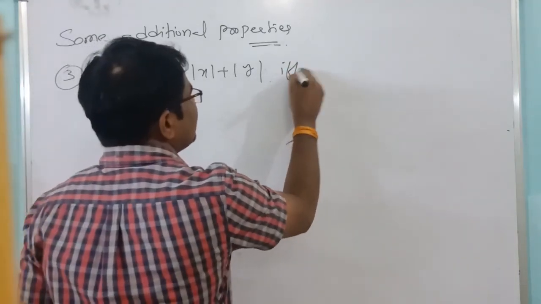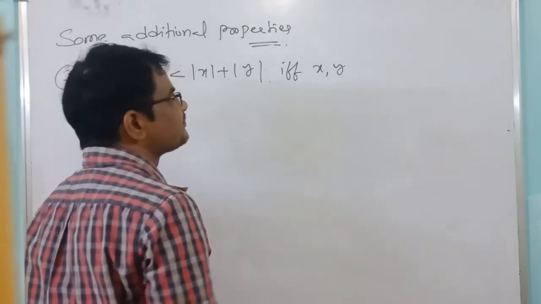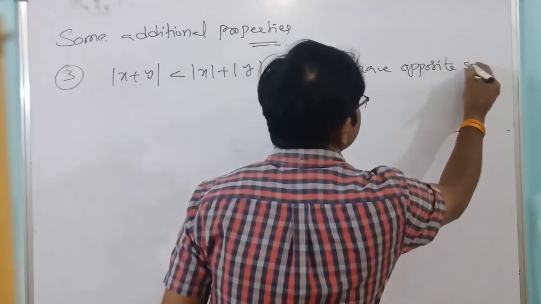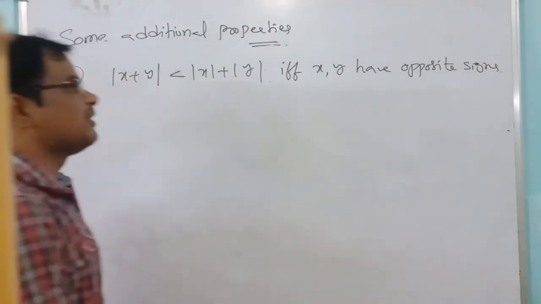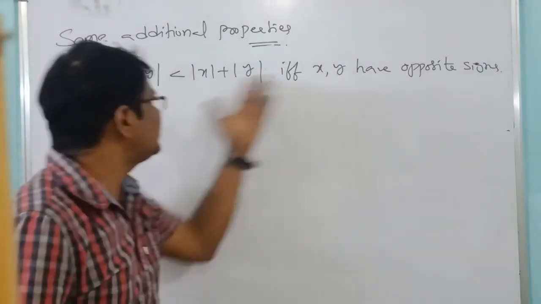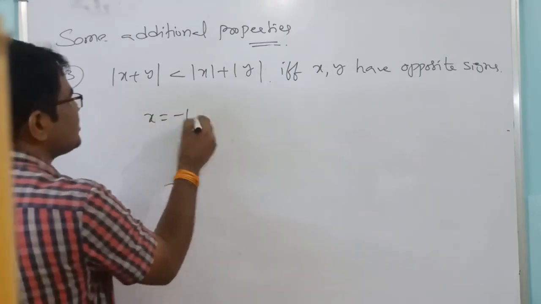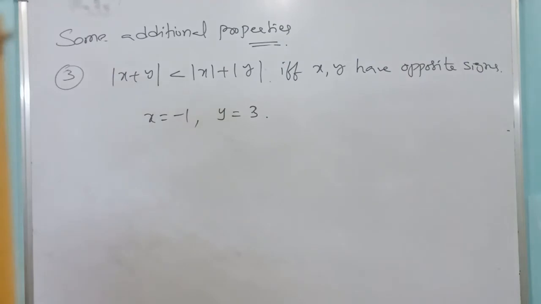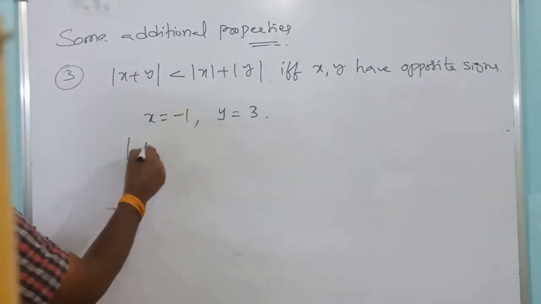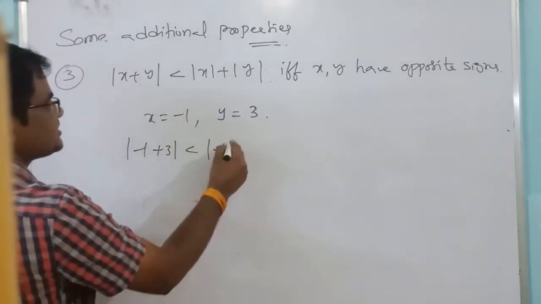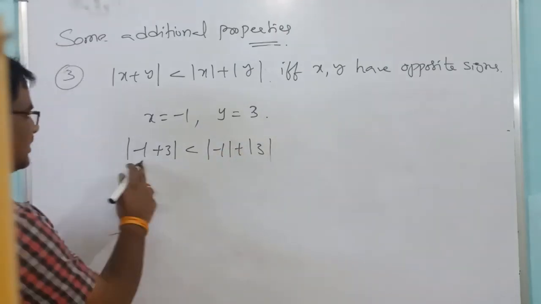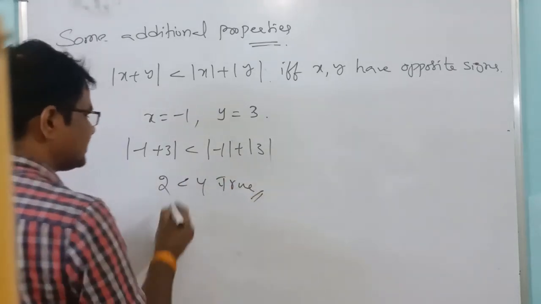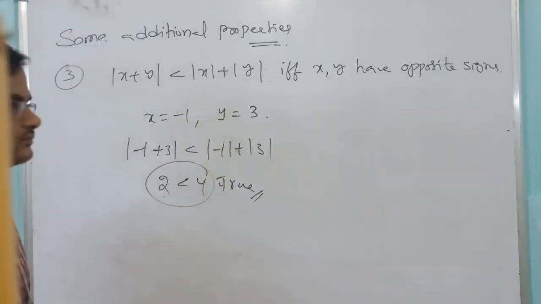If and only if x, y have opposite signs, then only it is satisfied. Suppose you take x equal to -1, y equal to 3, like the previous one, and substitute. -1 plus 3 less than modulus of -1 plus modulus of 3. Now here this is 2, and if you simplify, here 4. Is it true or false? Definitely 2 less than 4.